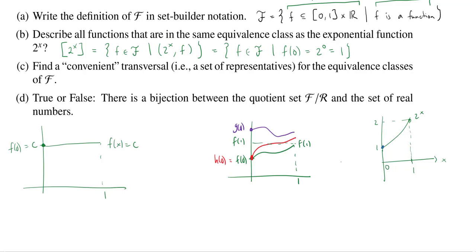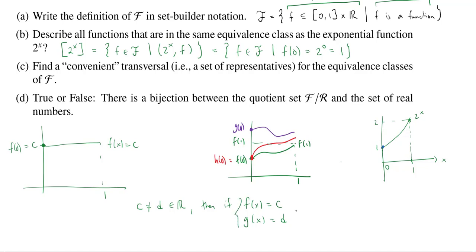And if I take any two different constants, right? So if c and d are not equal but are real numbers, then if f is the constant function c, no matter what x I put in, and g is the constant function equal to d, no matter which x.